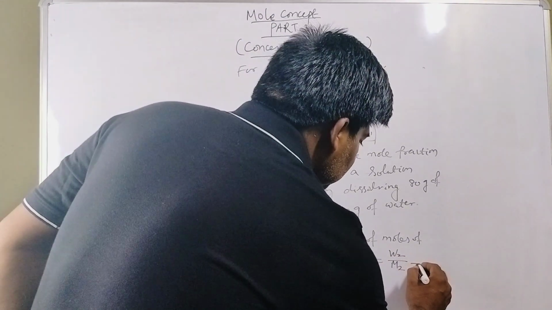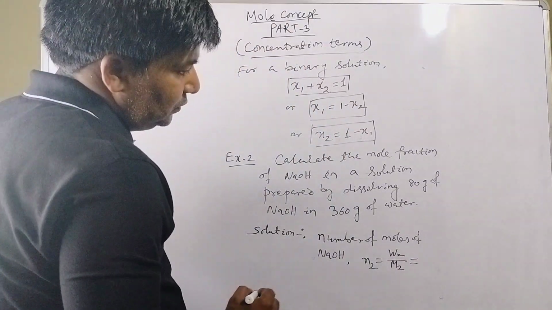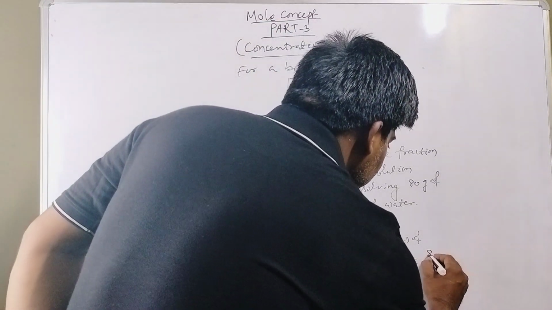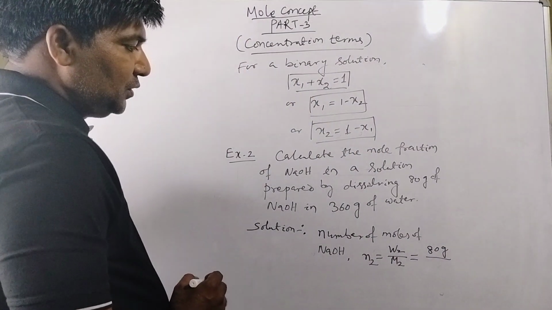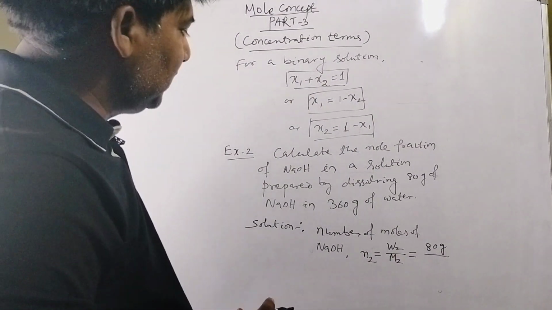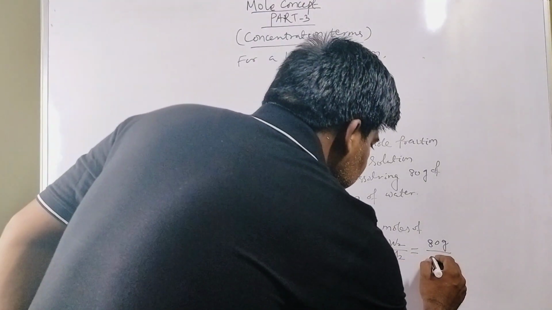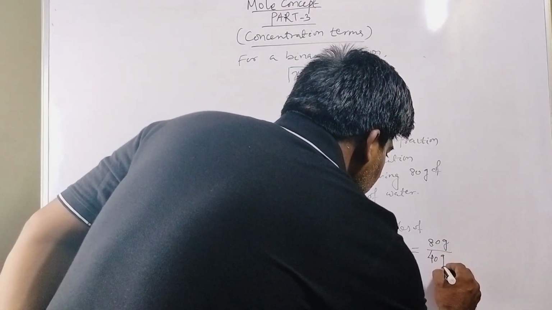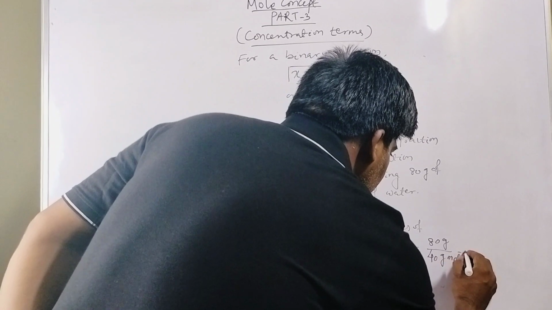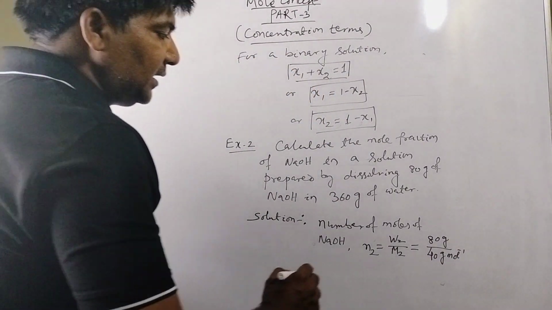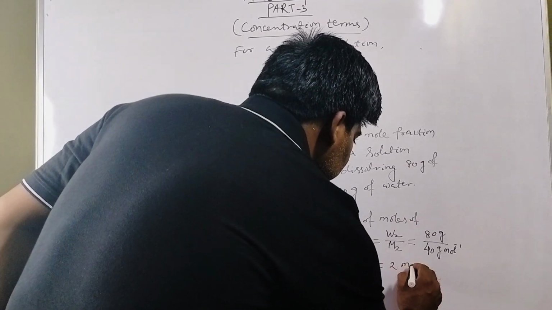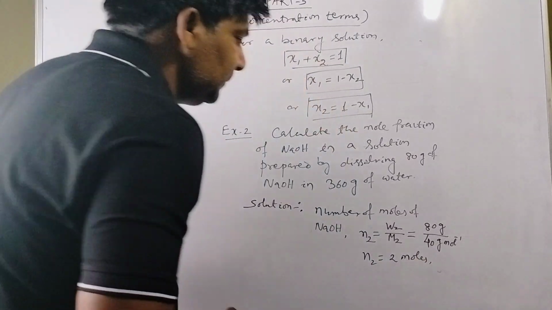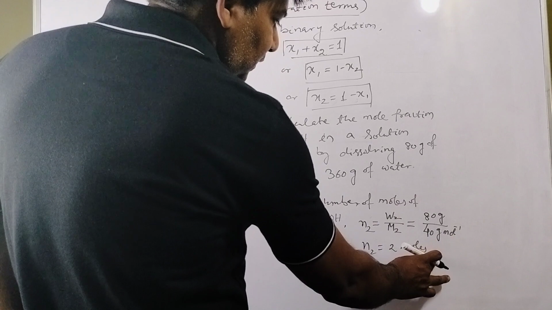Here given mass of sodium hydroxide is 80 gram and M2 is the molar mass of sodium hydroxide, that is 40 gram per mole. That gives n2 is equal to 2 moles.